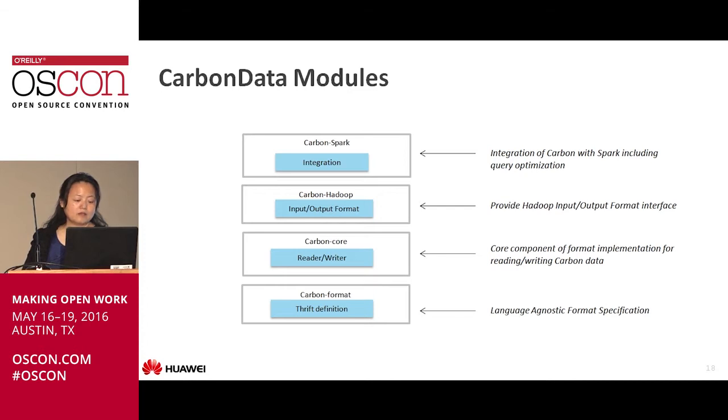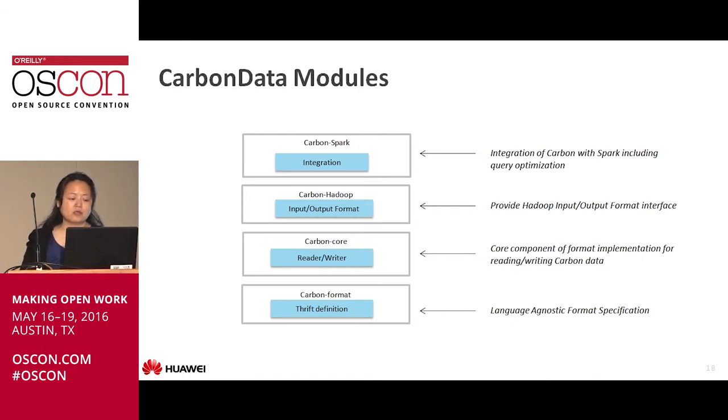On top of that, we have Carbon core. This is a Java implementation of the file format with the basic reader and writer API. So with the Carbon core module, we are essentially enabling integration with any other data processing engine, framework, or data model.